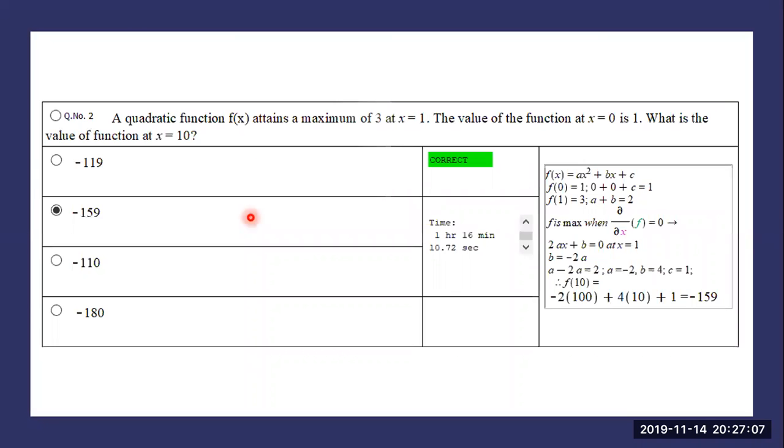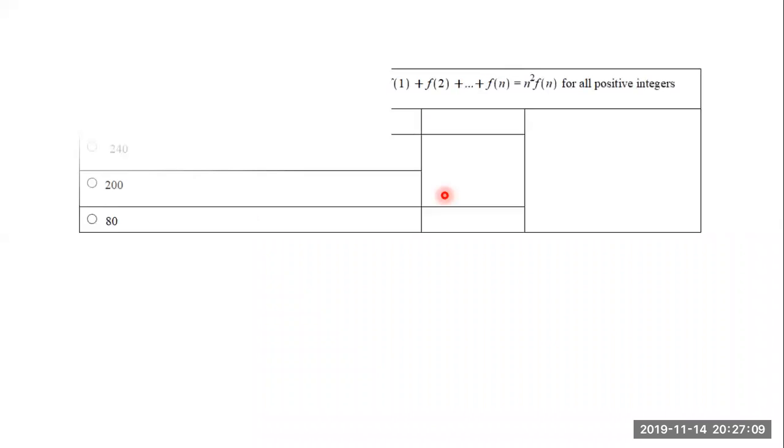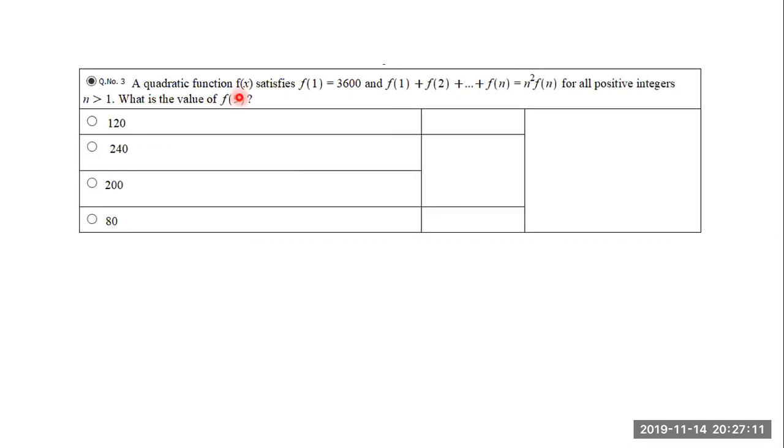Very good. Understand? Correct. Then, now our next question we will see. The quadratic function, right? Equation means equal to 0. Function means just ax squared plus bx plus c. f(1) is 3600 and f(1) plus f(2) plus up to f(n) is equal to n squared f(n) for all positive integers n greater than 1. What is the value of function 9?